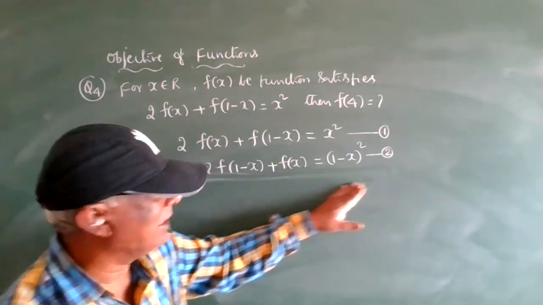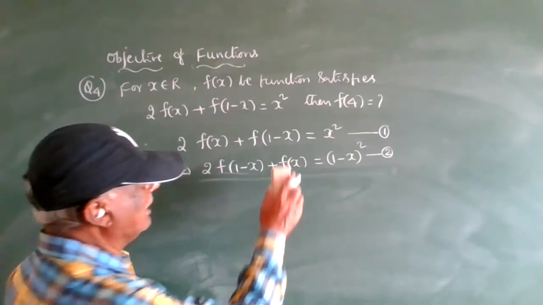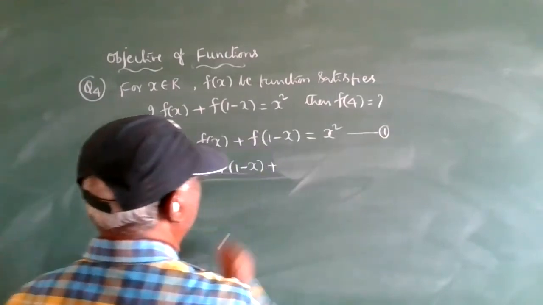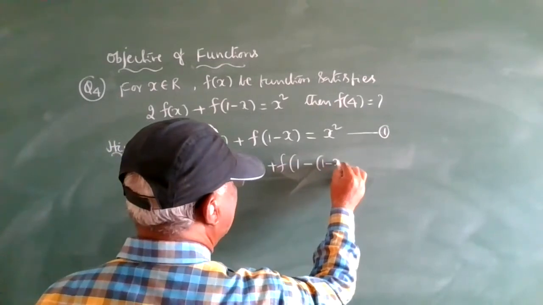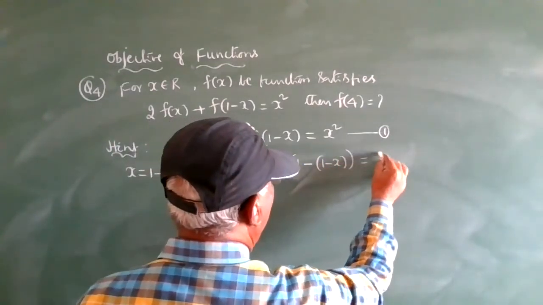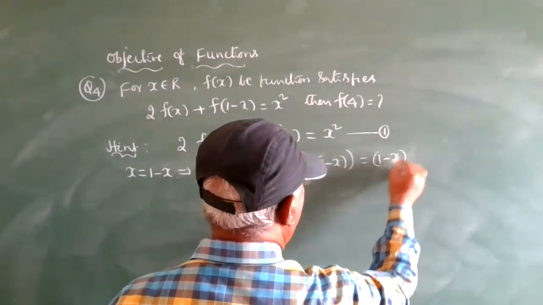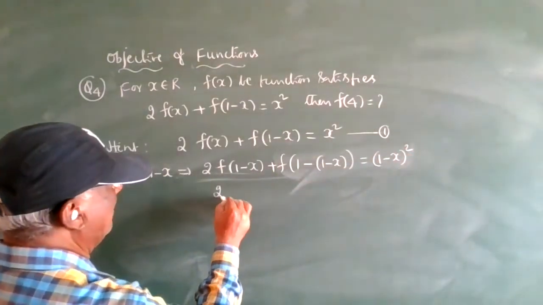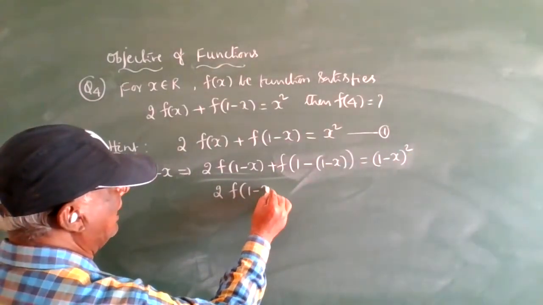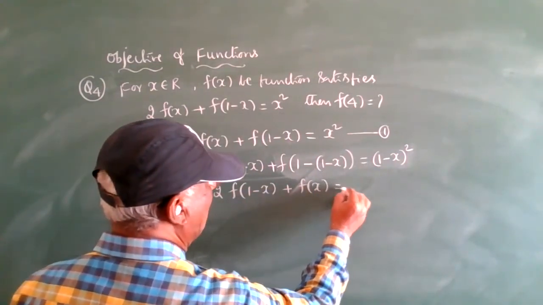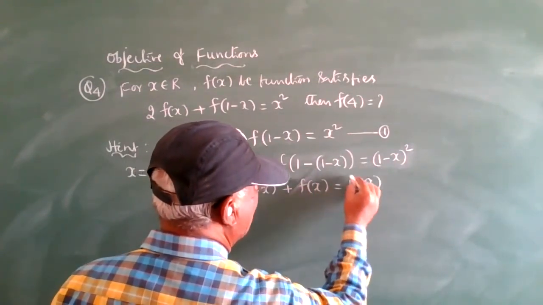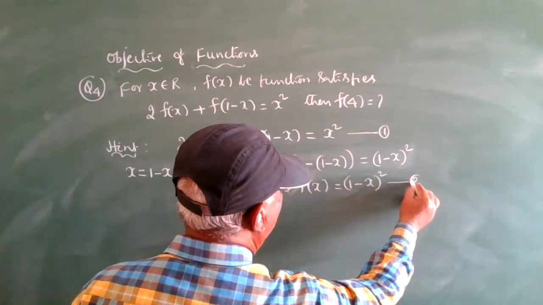In the first equation, x place is 1 minus x, so 2 times f of 1 minus x plus f of x is equal to 1 minus x whole square. Let it be equation number 2.